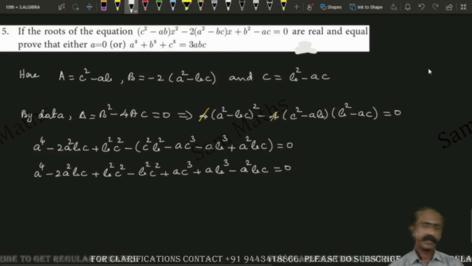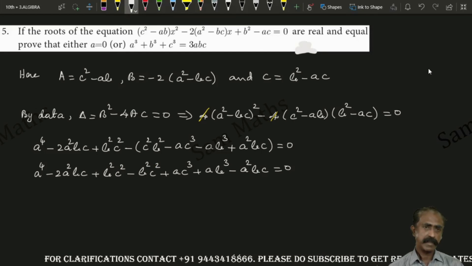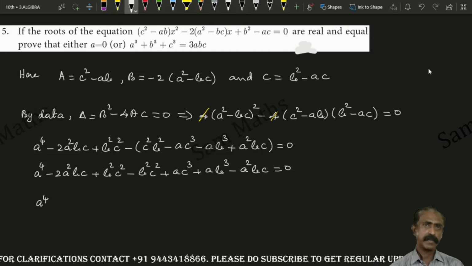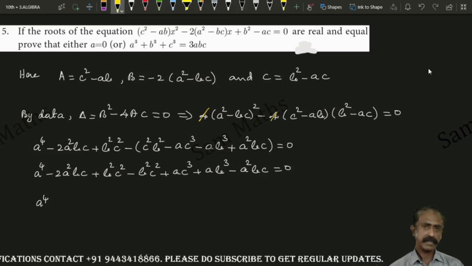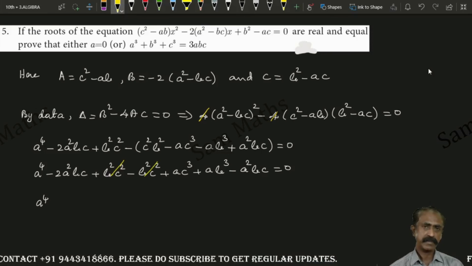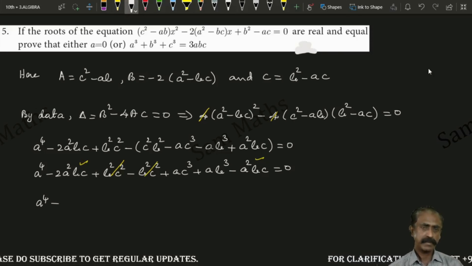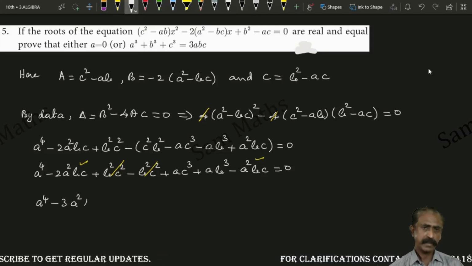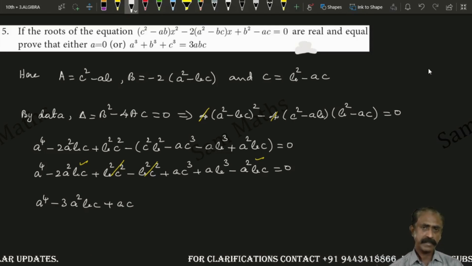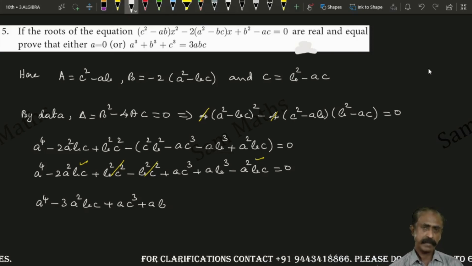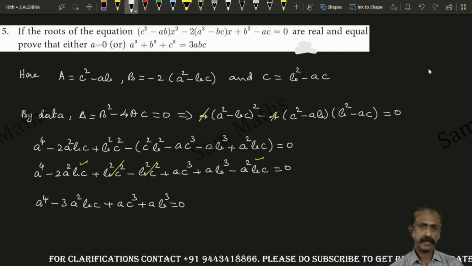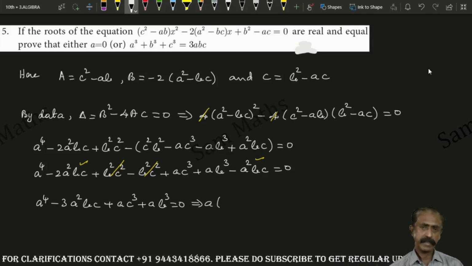Clear, children? Therefore, this becomes a power 4. Then this b square c square and minus b square c square will get cancelled. Then you can group these two terms. Therefore, we are getting here minus 3 a square bc, rest of the terms plus a c cube plus a b cube equal to 0. It's very clear that a is common, which implies a you take outside.